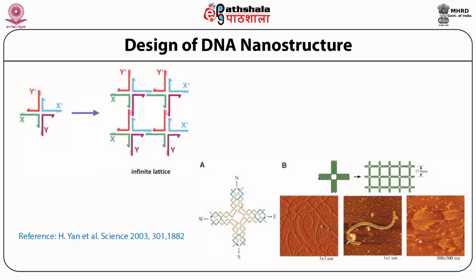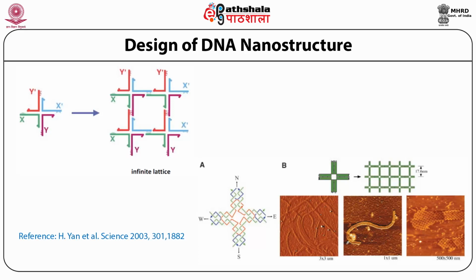Now when we talk about this DNA branched junction, if all of the branch segments have their complementary strands, you can see from here it can be X, X dash, Y dash, Y. These are all the sticky ends coming out of the DNA branch junction. Now they can form a 2-dimensional DNA nanostructure, and eventually form a 2-dimensional helix because of the cohesion of these sticky ends.